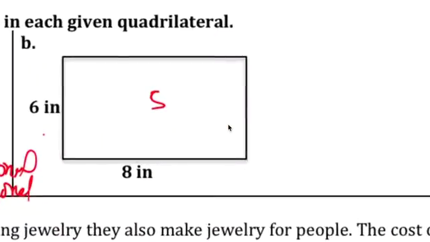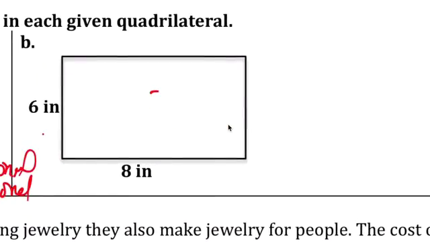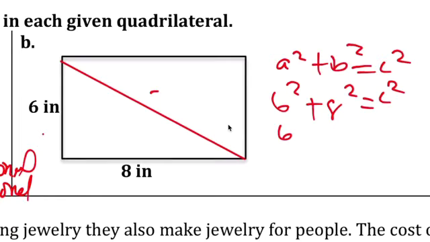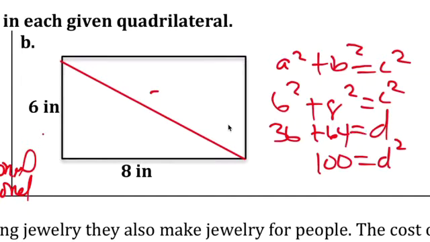Okay, so the diagonal of this one is A squared plus B squared equals C squared. 6 squared plus 8 squared equals C squared. 36 plus 64, 100 is the diagonal squared, right?